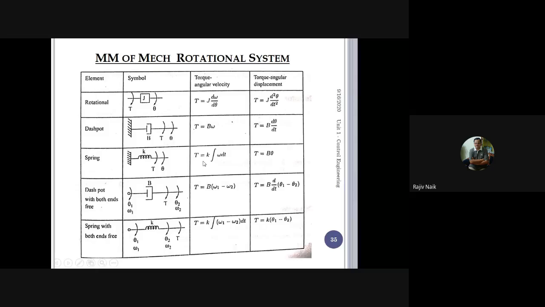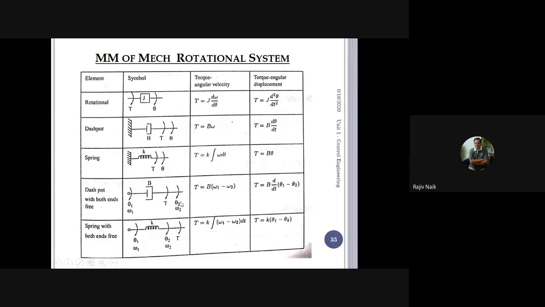In that case, torque is equal to K into theta, instead of K into x. Sorry, not B, here it is K, mistake there. Instead of B, it is K into theta or KT into theta. Similarly, if you want in terms of velocity, it is K into integration of velocity, which is equal to linear displacement or angular displacement. Same thing is there.